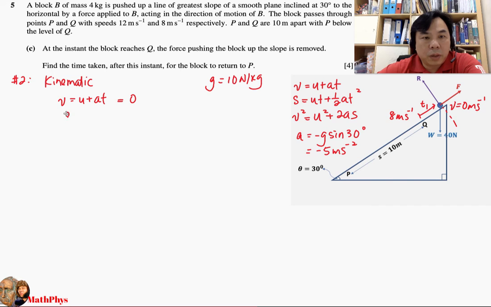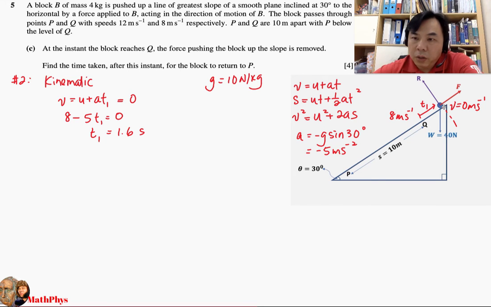So I'm going to write that 8 here. I don't really need to include the units itself. Because it's moving upward, the gravitational acceleration is -5 multiplied by time. So T1 is 1.6 seconds. So it took 1.6 seconds to move up.